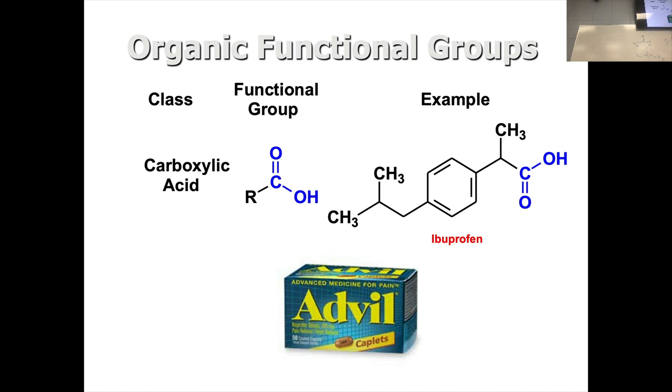The example that I've drawn up here is called acetic acid. What is acetic acid used for? Where have you come into contact with acetic acid? We've probably come into contact with it in chem lab. I'm talking about in your everyday life. How many people like Italian salad dressing? What does Italian salad dressing have in it? Vinegar. The acidic component of vinegar is acetic acid.